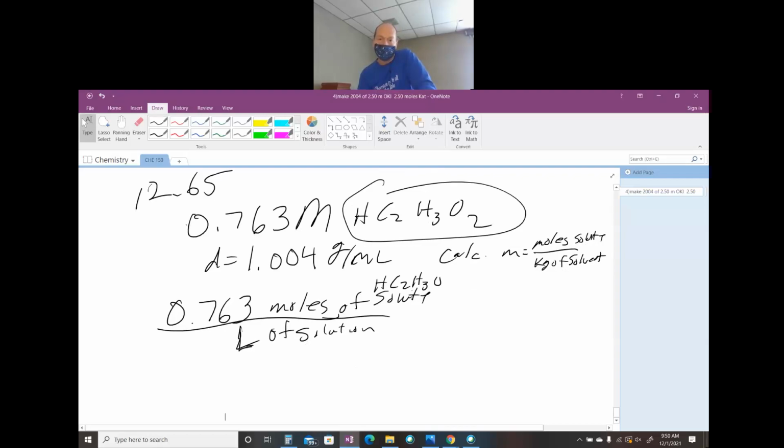What are the units of density? Grams of what? Milliliters of what? So your choices are solute, solvent, solution. Solution.